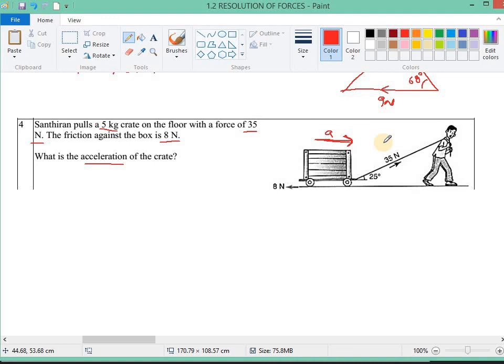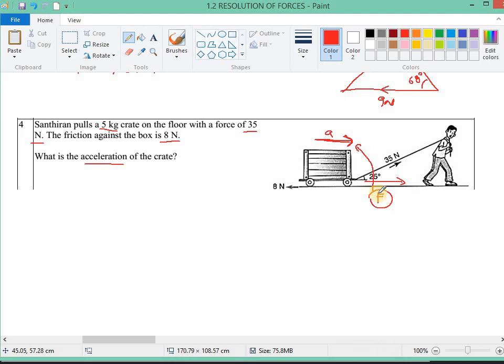If we want to calculate the acceleration, we want to calculate the force that has the same direction as the acceleration. This is the force that is responsible to produce this acceleration. We want to find how much this force is.